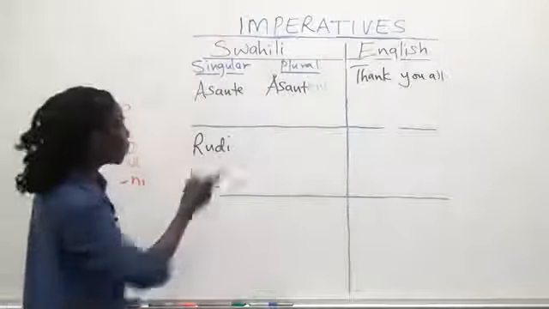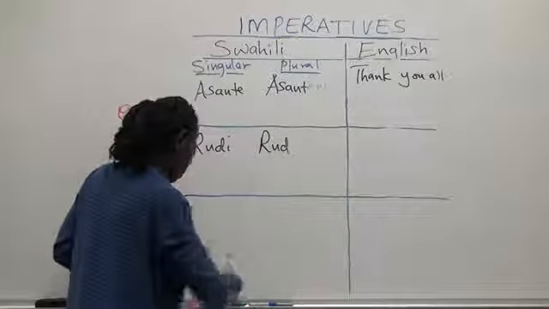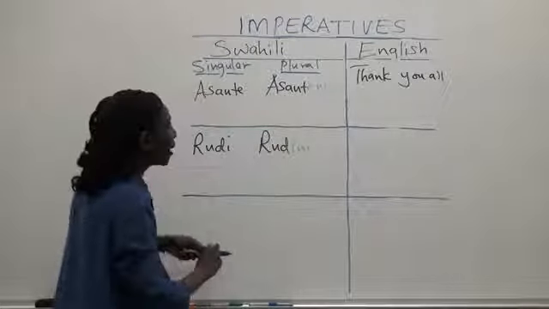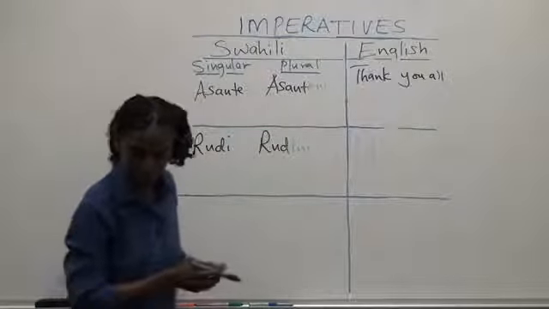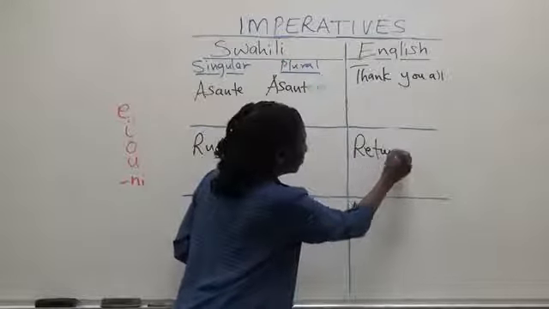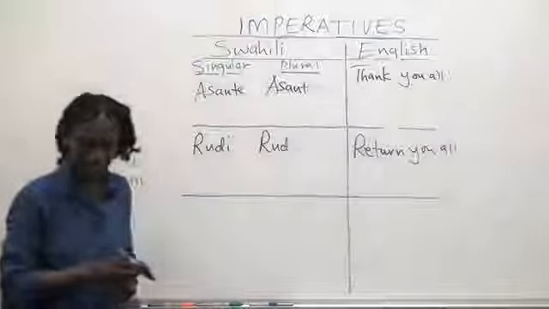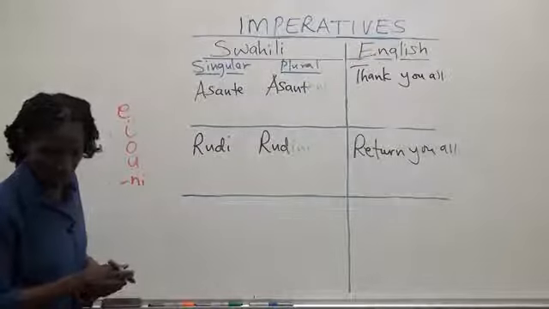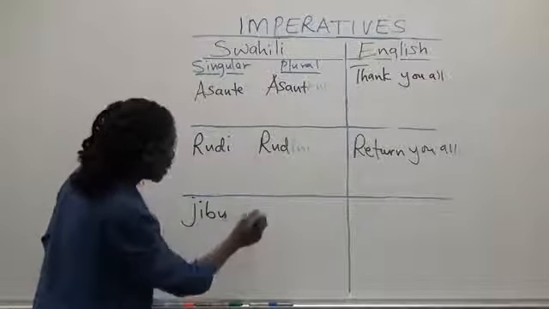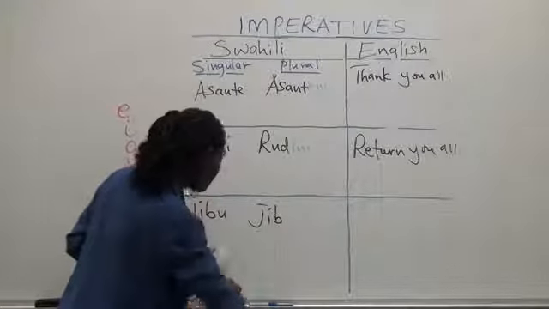Okay, another example here would be rudi. Okay, and of course if you're pluralizing here, it will be rudini, okay, and the English translation would be return, you all. Okay, another example here would be jibu, and the plural would be jibuni.